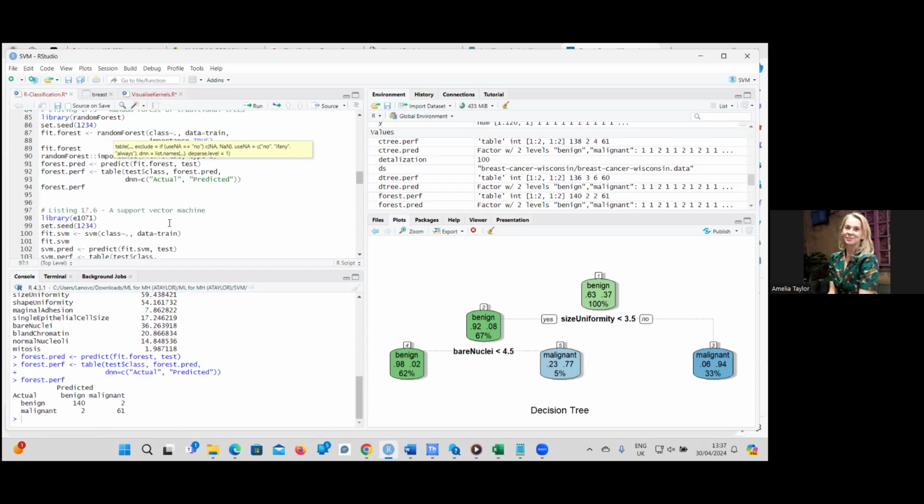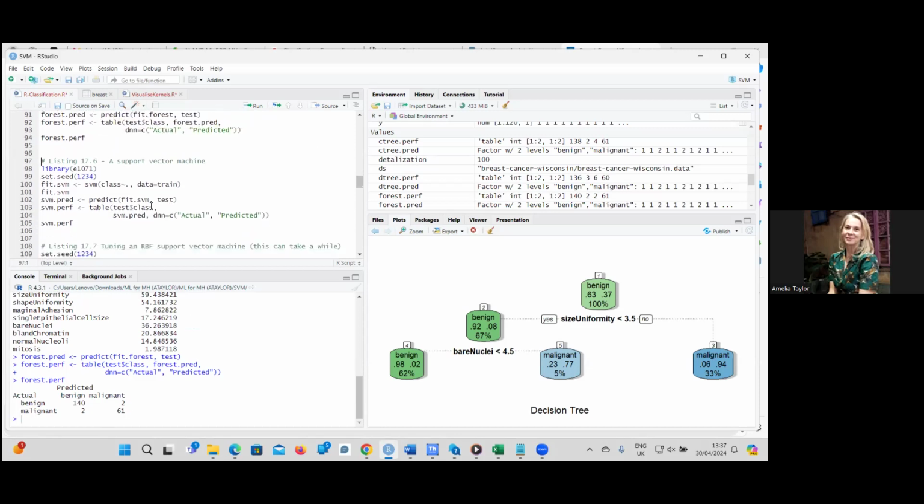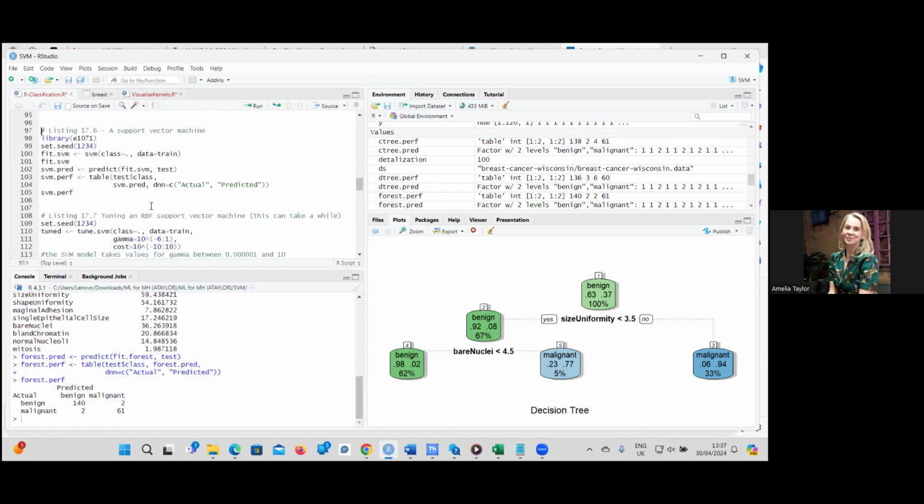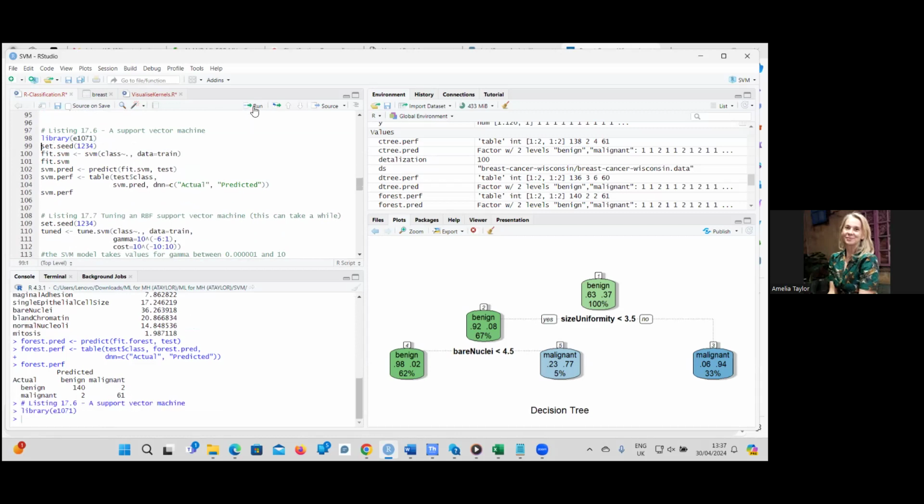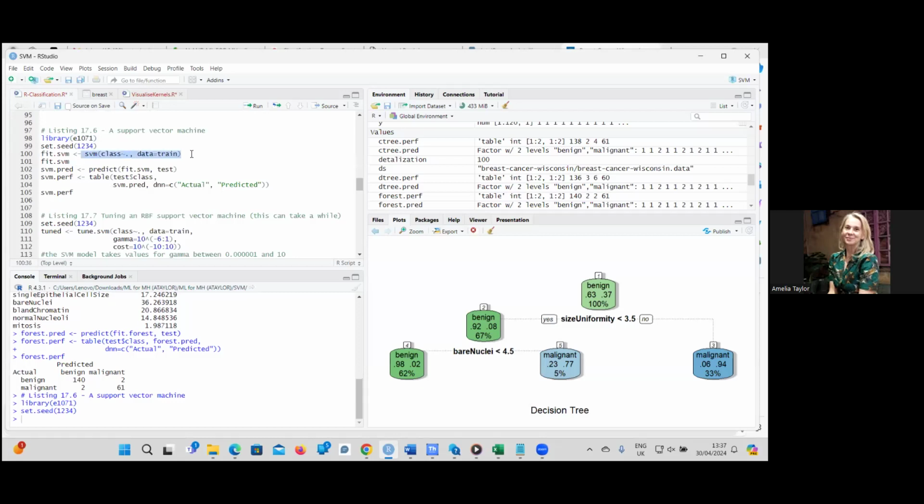So, okay, and now this takes us to support vector machines. Support vector machines have their own library. As I said, I mentioned two libraries that you can use. This is simpler to use, so we're going to use this library. Again, you set the seed for running your algorithms, and then you call the support vector machines algorithm.